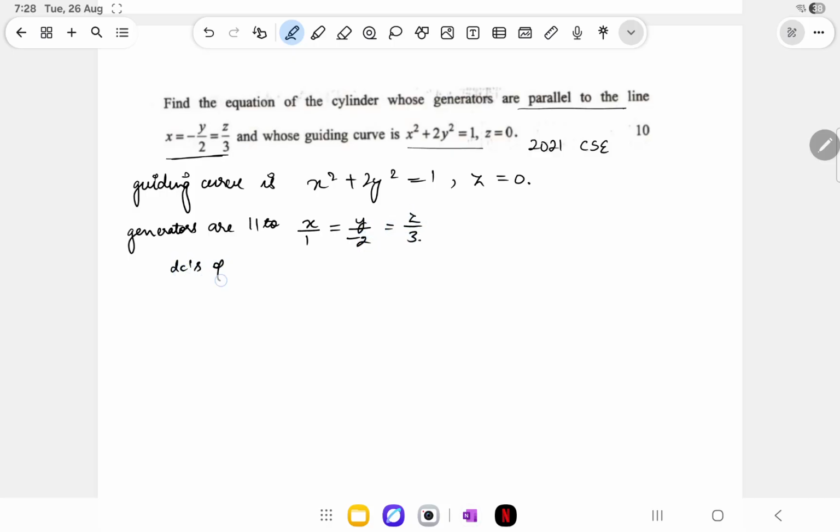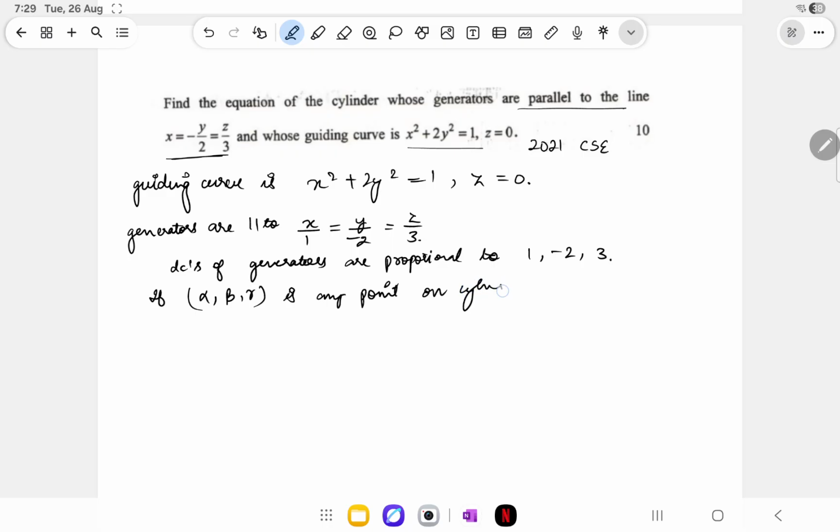So the direction cosines of the generators are proportional to 1, minus 2, 3. If alpha, beta, gamma is any point on the cylinder, then the equation of the generator would be x minus alpha upon 1, y minus beta upon minus 2 is equal to z minus gamma upon 3.